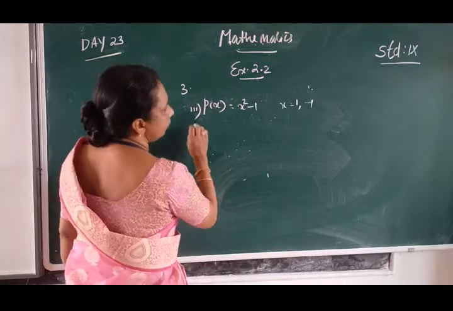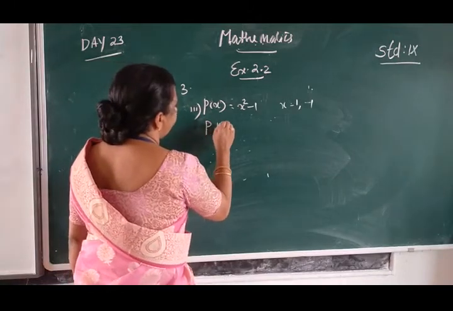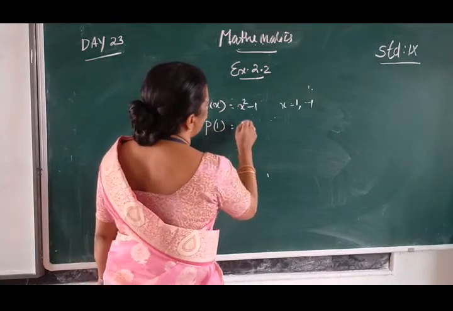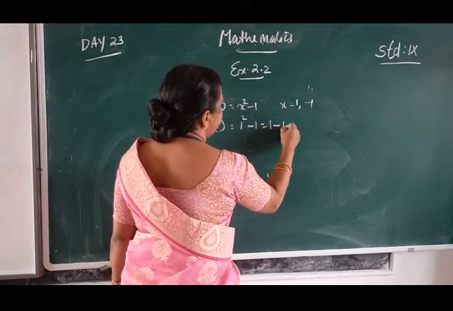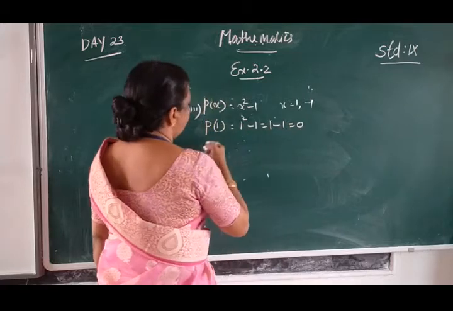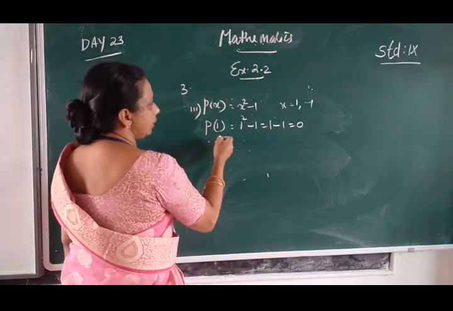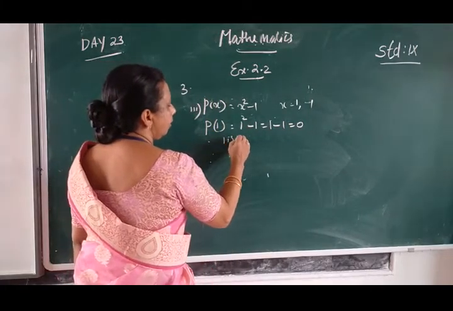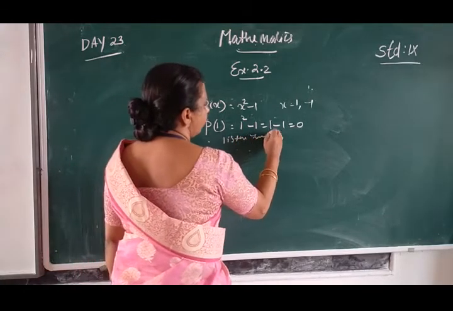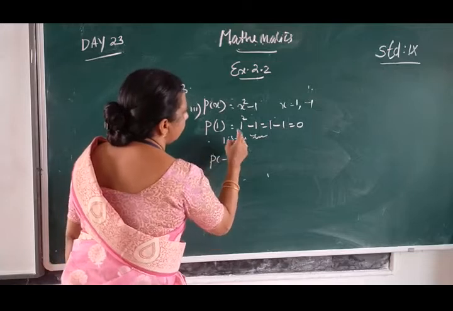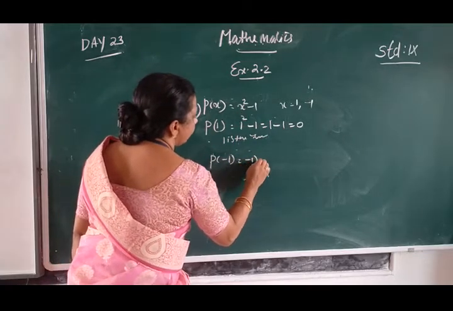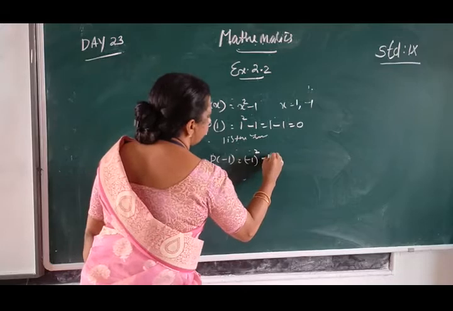First one is 1. That is p of 1 is equal to 1 square minus 1. 1 square is 1, 1 minus 1 is equal to 0. P of 1 is equal to 0. Therefore, we can say that 1 is the zero of the polynomial. Then p of minus 1. In the place of x we get minus 1 the whole square minus 1.